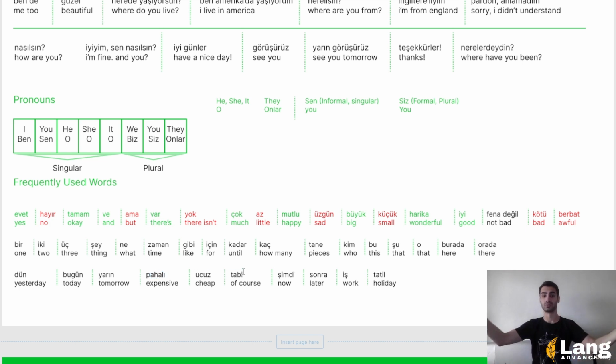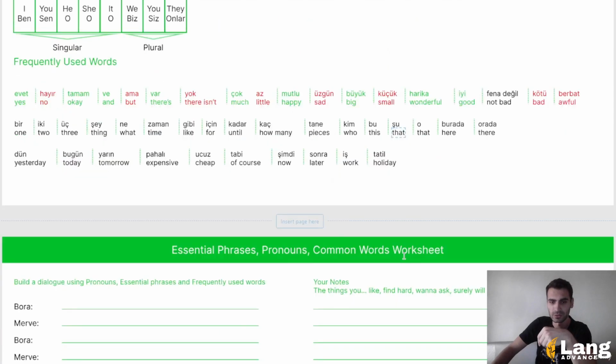Çok pahalı ya. Very expensive. Bargaining is Turkish sport, by the way. Tabii, of course. Şimdi, now, sonra, later. İş, work, job, business, all of them iş. Tatil, holiday, the day offs. So yeah.